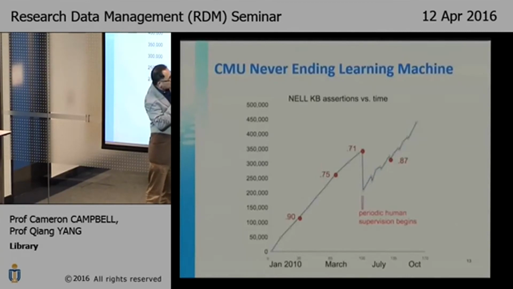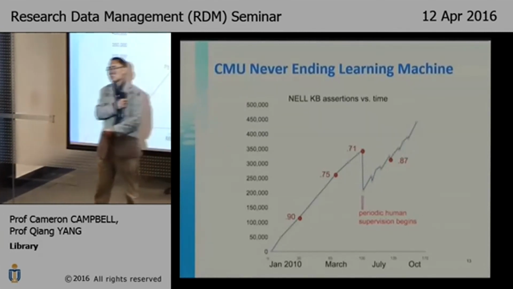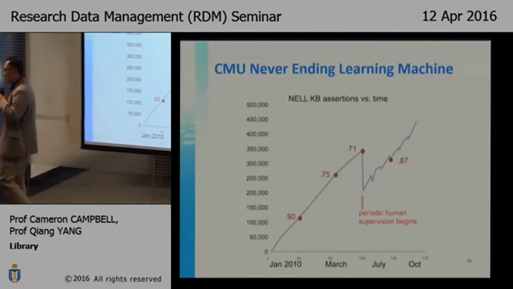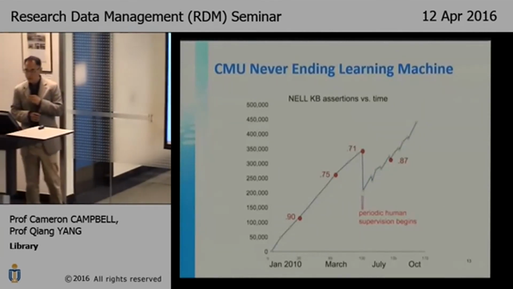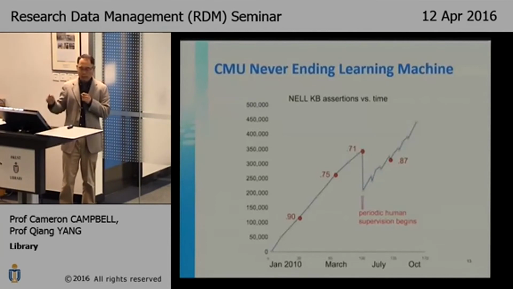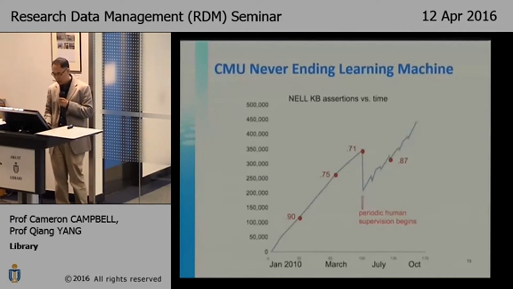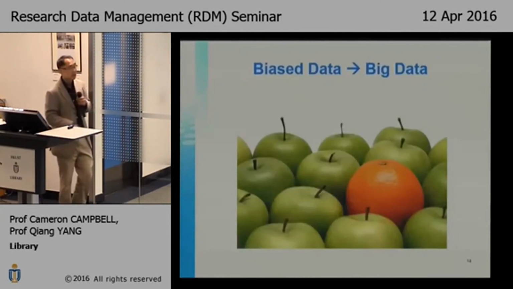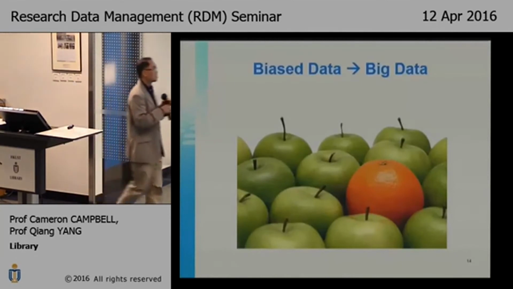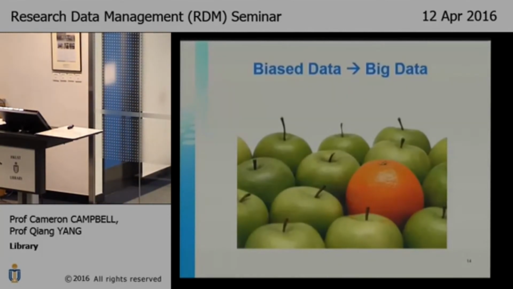As a result, there's a drop in performance, and it has to be corrected manually by human intervention, and then it continues. So this gives us another lesson: if you rely on a machine to accumulate data, the data can gradually become biased.